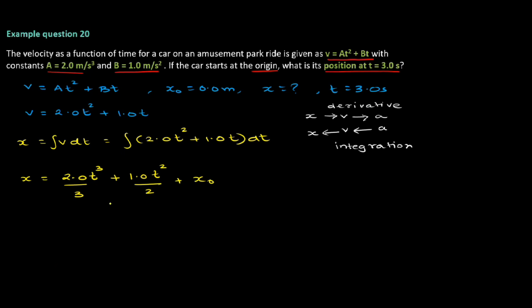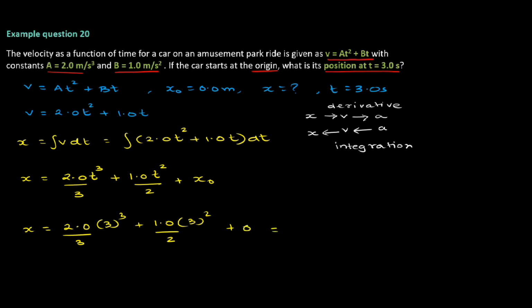Now, in order to find the value of position at time t equals 3 seconds, I'm going to substitute t as 3 seconds in this expression. So we get x equals 2.0 times 3 cubed by 3 plus 1.0 times 3 squared by 2 plus x0. x0 is the initial position, and since we are starting at origin, the initial position is 0.